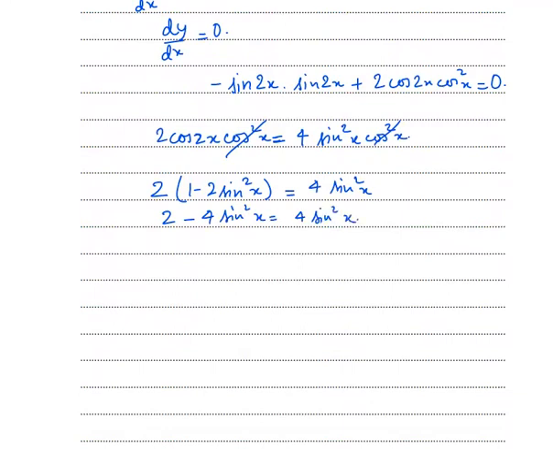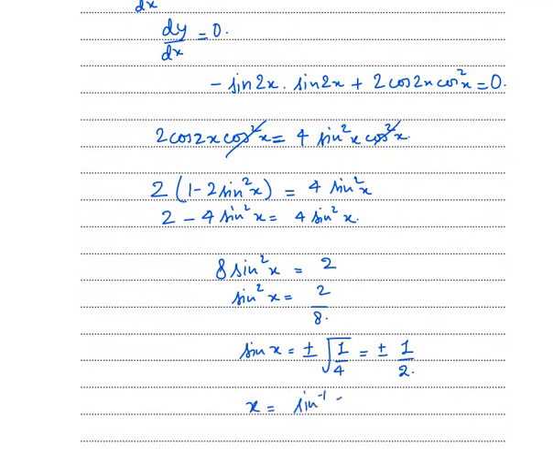Therefore, if I take this minus 4 sine square x to the other side, I'll get 8 sine square x equals 2, or sine square x equals 2 by 8, or sine x equals plus minus the square root of 1 by 4, which is nothing but plus minus 1 by 2. So we have x equals sine inverse 1 by 2 and x equals sine inverse minus 1 by 2.